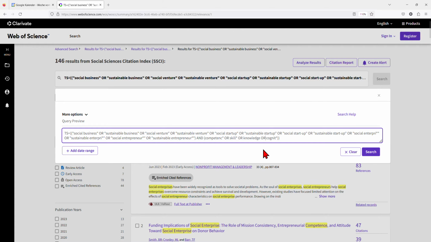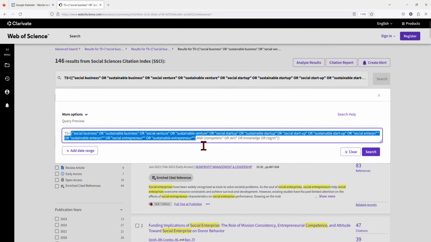Let's do that here in capital letters, so that it's easier to see. So this is all connected with an OR. So if any of these search terms is in the topic of the literature, then it will be shown as a result here. And here you have the same for the other one, and that is this one here. And these are the synonyms for social business, so to say.